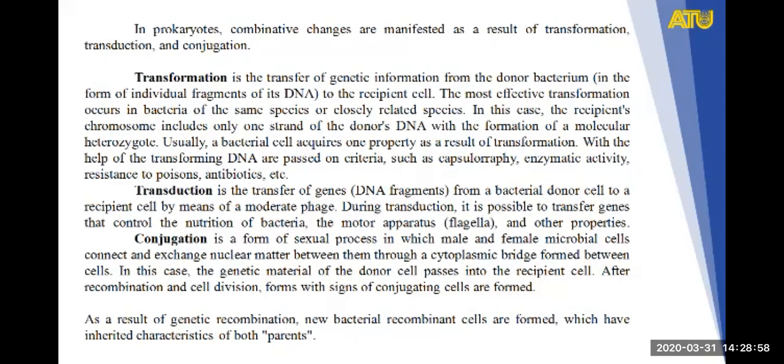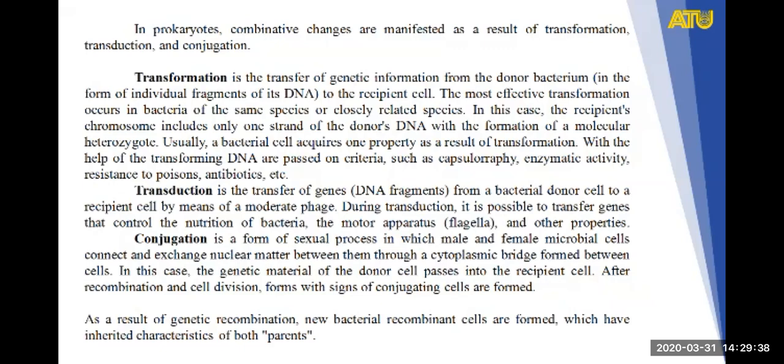Transduction is the transfer of genes from a bacterial donor cell to the recipient cell by means of a temperate phage. During transduction it is possible to transfer genes that control the nutrition of bacteria and other properties. And conjugation is a form of sexual process in which male and female microbial cells connect and exchange nuclear material through a cytoplasmic bridge between the cells.